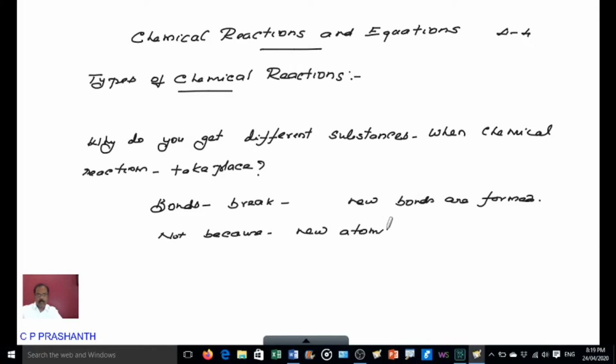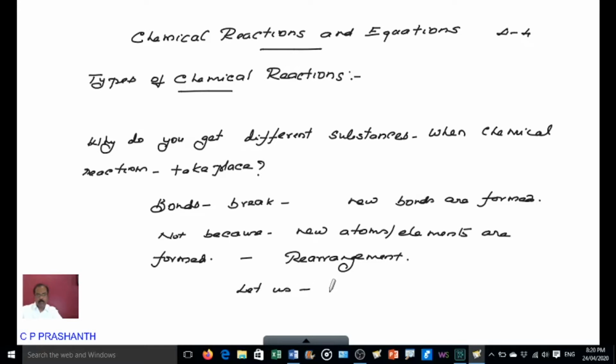So the new substance you get is not because new atoms or new elements are formed. You get a new substance because the rearrangement of atoms takes place, which means the atoms and elements which are already present undergo a rearrangement to get a new substance.